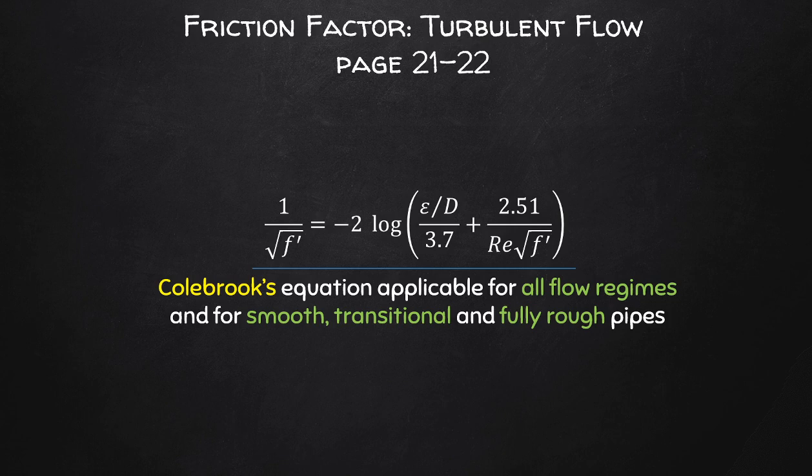Also pay attention, there's another correlation called the Haaland equation, which we can also use. Bear in mind that regardless of which equation you use, the Haaland or the Colebrook or the Churchill equations, which we'll also learn in Chapter 4, you should more or less get the same friction factor. It doesn't really change by much, so it's not going to affect your final answers at the end.